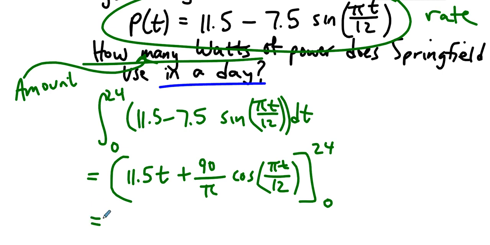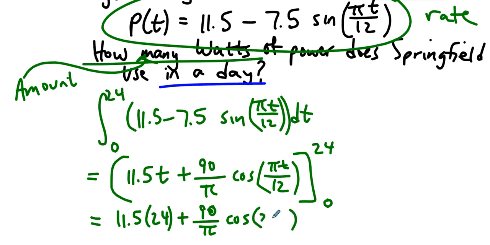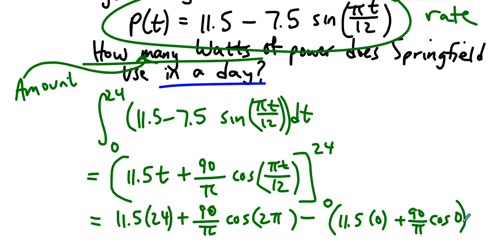So we sub in 24. Then we sub in 0 and subtract.